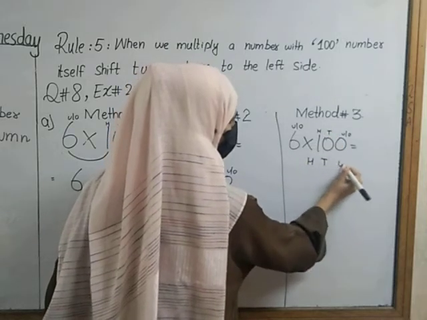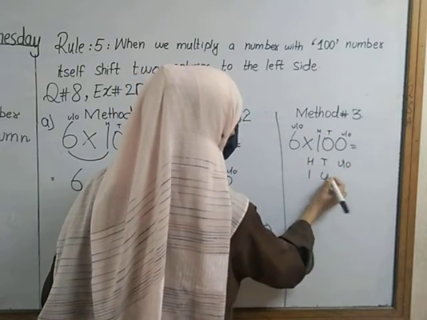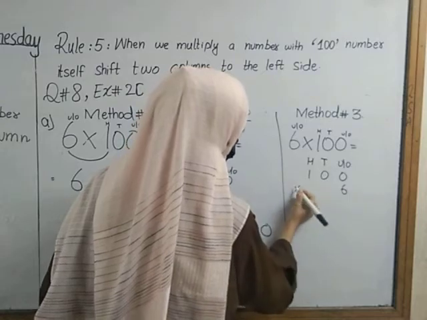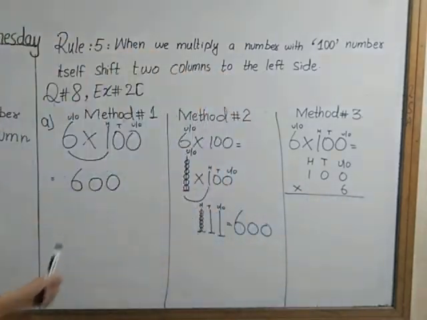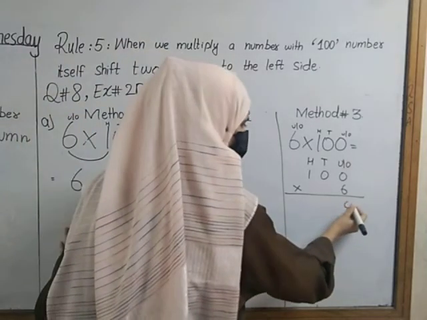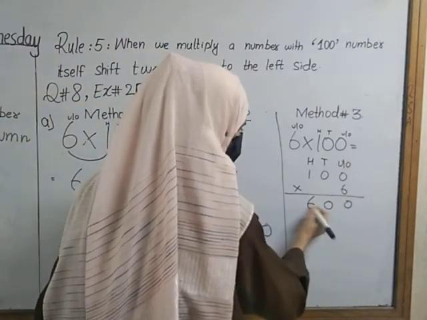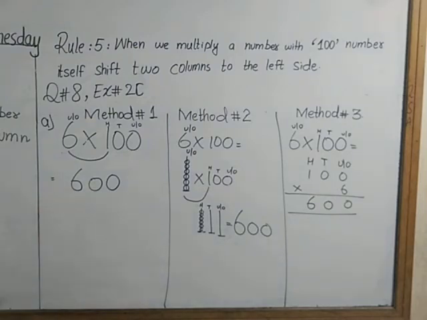Write the numbers according to the place value: 1, 0, 0 and 6. 6 zeros are 0. 6 zeros are 0. 6 ones are 6. The answer is the same by using method number 1, method number 2 and method number 3. You can use any of the methods in your questions.